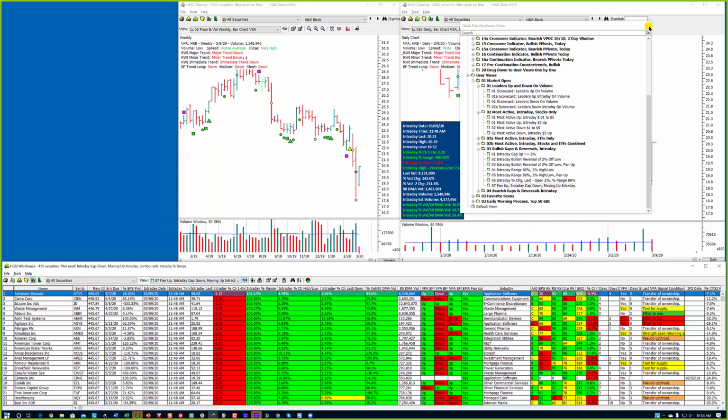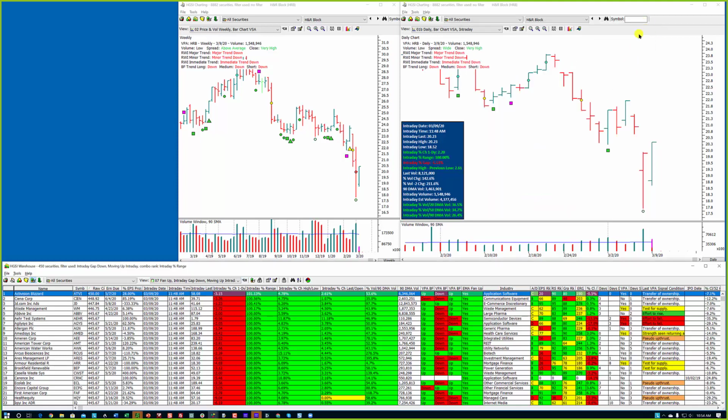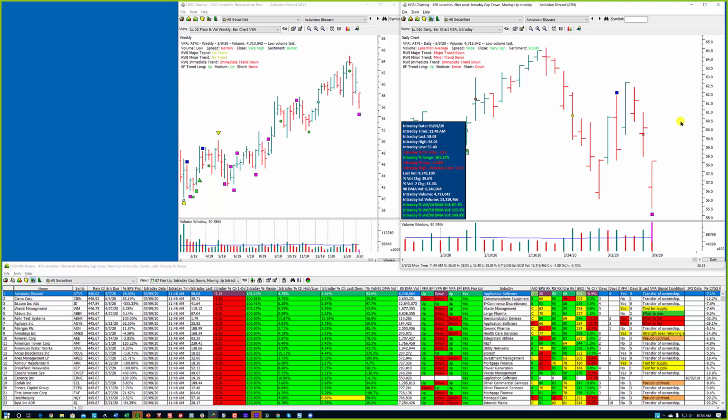Okay, so let's look at a stock. Here's Activision. So did we meet the requirements? Well, we had a major gap down. Here's the close on Friday. Here's the open today. It traded down, and the same situation when it gets 2% off of this low, it's going to start appearing through this scan.